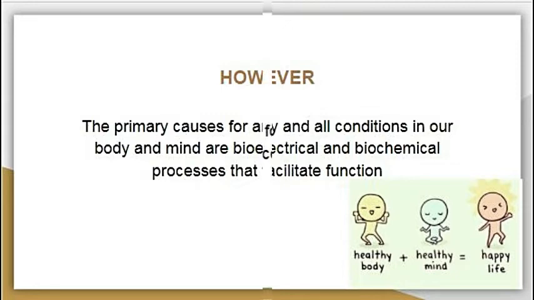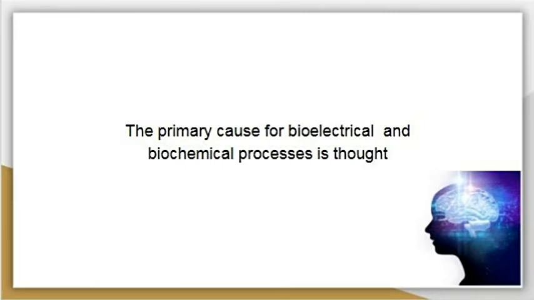The primary cause for biochemical and bioelectrical processes is thought. And I want to read that again. A lot of people are not aware of this. The primary cause for biochemical and bioelectrical processes is thought.